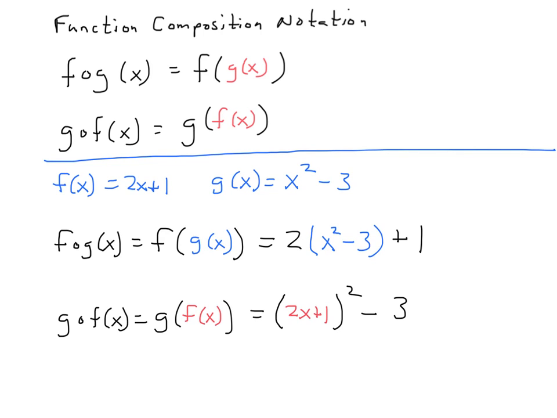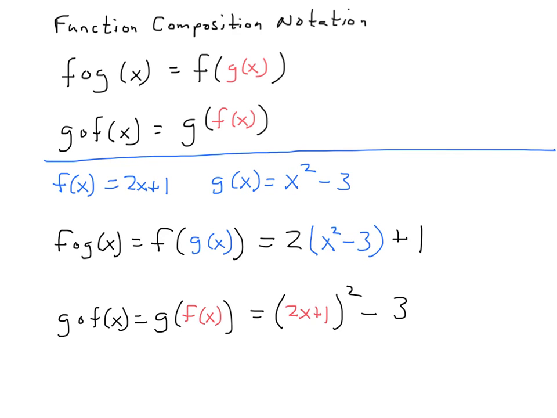Now, for the next one, we had g of f of x. And again, in that one, g is the outside function and f of x is the inside. So we're taking function f and putting it in for the variable in function g. We're taking all of this right there, and it's going in for the variable that we have in function g.